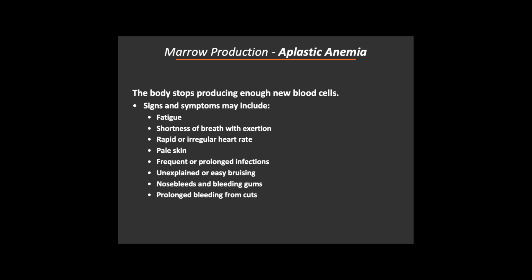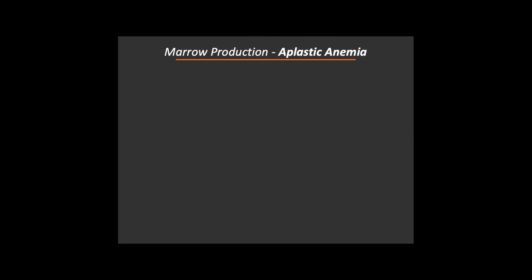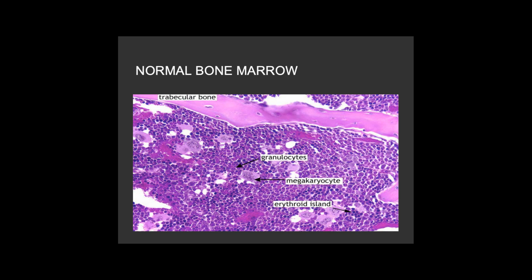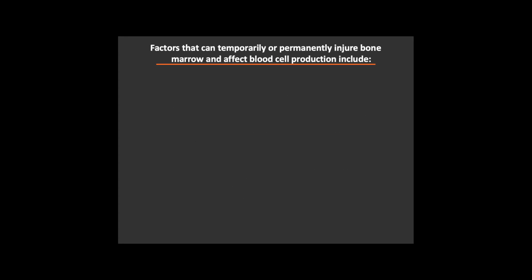And if we go back here, you can see the difference with empty bone marrow. And then here is another example of bone marrow with aplastic anemia where the fat cells have moved in en masse, and now we're not making red blood cells.